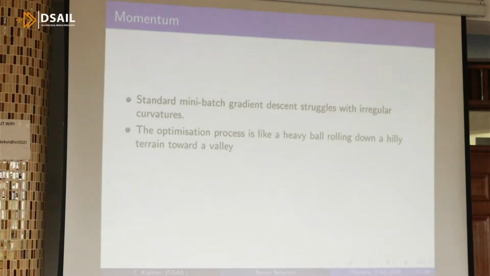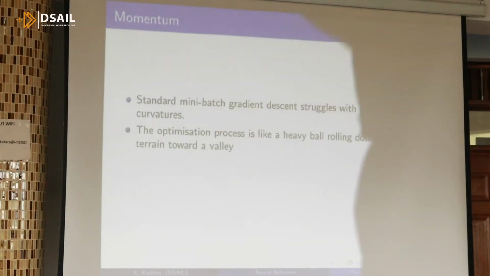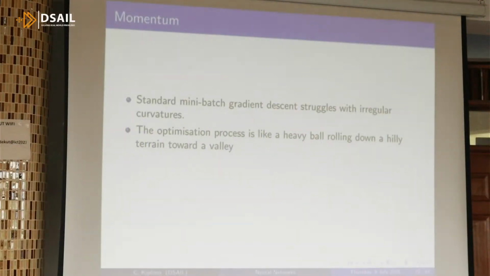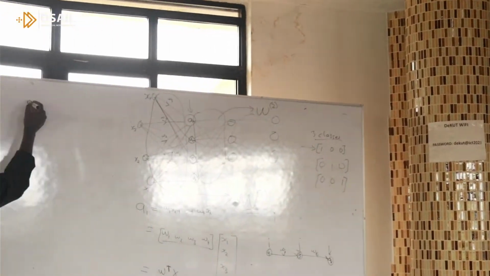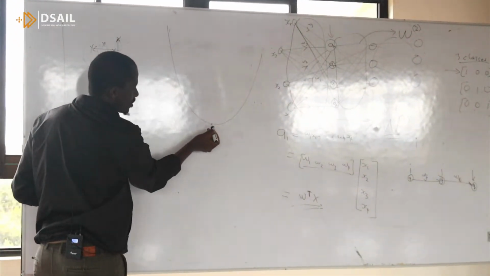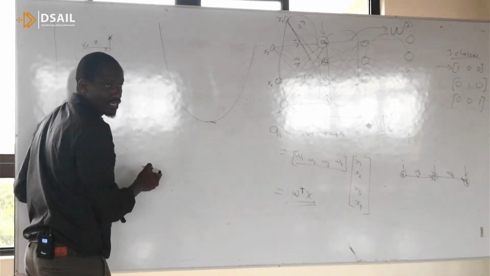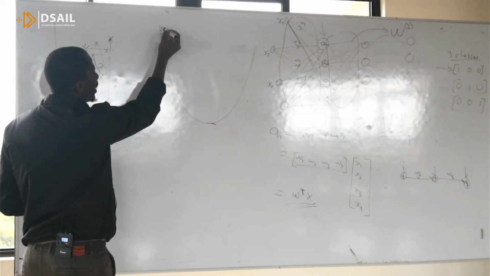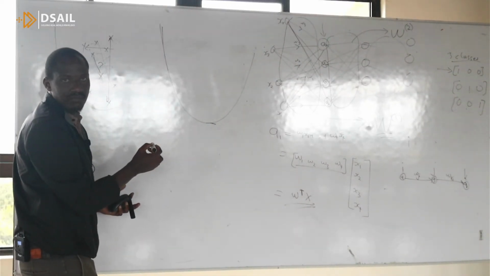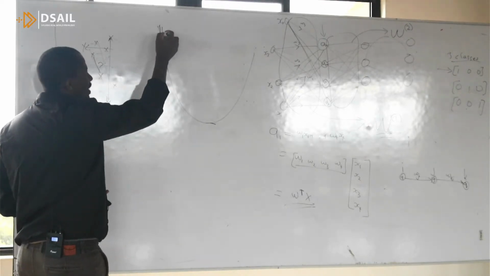I guess dropout I've already mentioned. Momentum is a concept in making the optimization much faster. If you know your loss surface looks like that, and your objective is to get here to minimize the error, momentum says, when you're here, move very fast, because we know we are very far and the gradient here is very large.